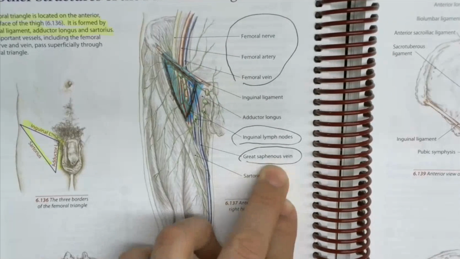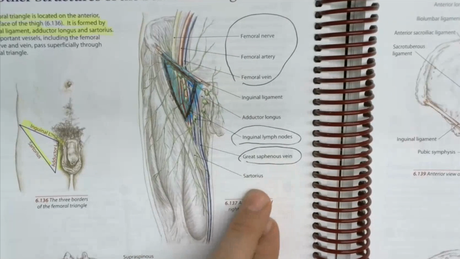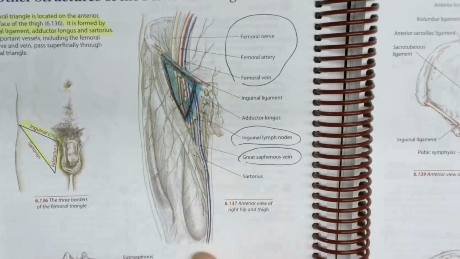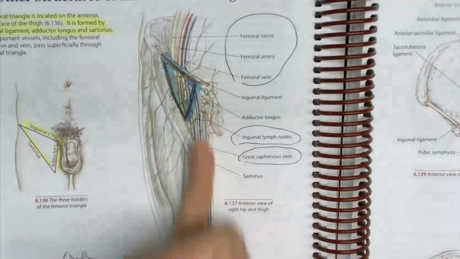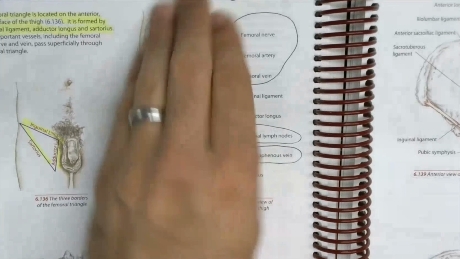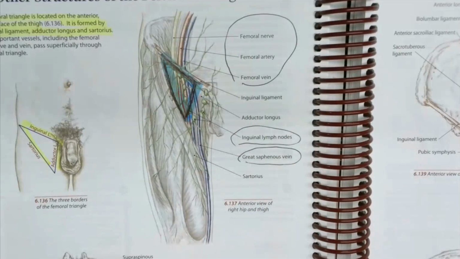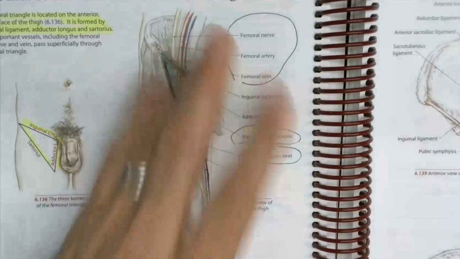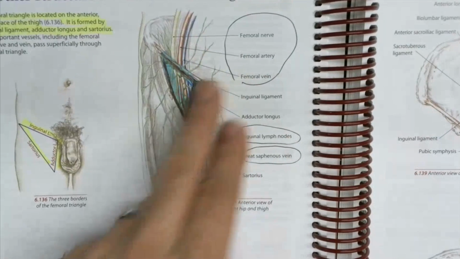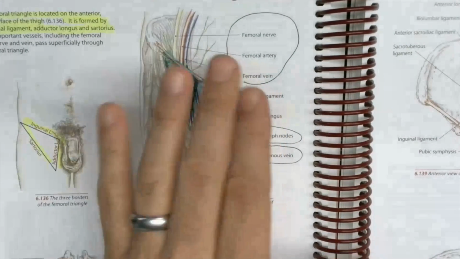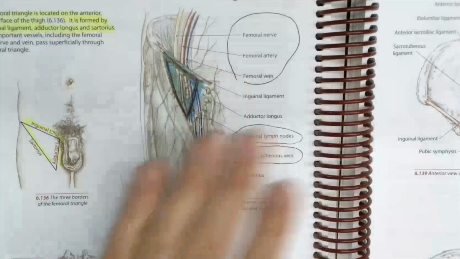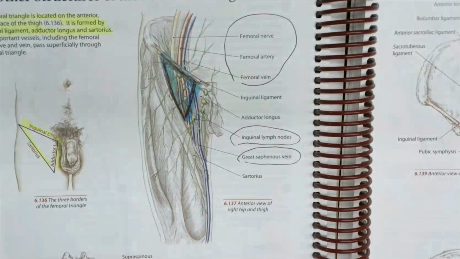But the great saphenous vein is also there as well. The great saphenous vein is the medial vein that pretty much drains a vast majority of the leg itself, and then dumps it into the femoral vein, and then towards the inferior vena cava.